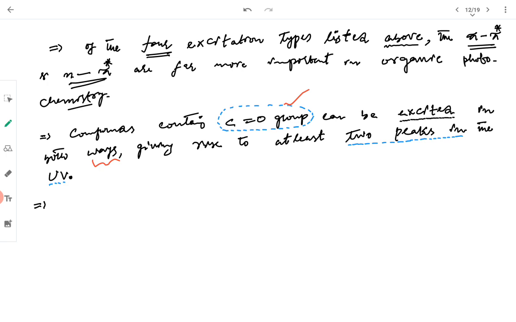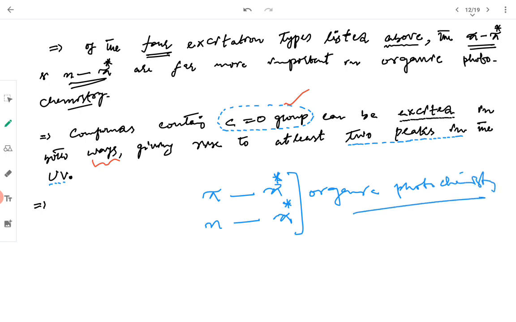And out of these transitions, two particular transitions, pi to pi star and n to pi star, are of most importance to organic photochemistry, because most of the transitions involve these pi to pi star and n to pi star transitions, and these transitions occur within the practical range of UV spectrophotometers, where these reactions are carried out.